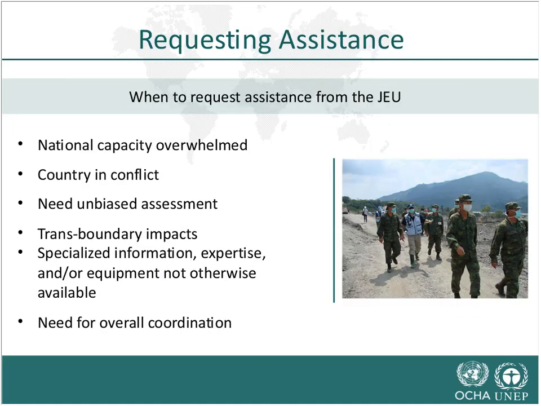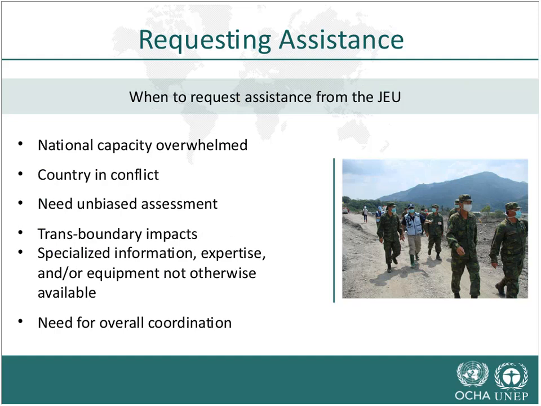A couple of words on when competent authorities can request assistance and the typical situations when the United Nations would intervene. The most important is when national capacity is overwhelmed or specialized equipment is not available in country.